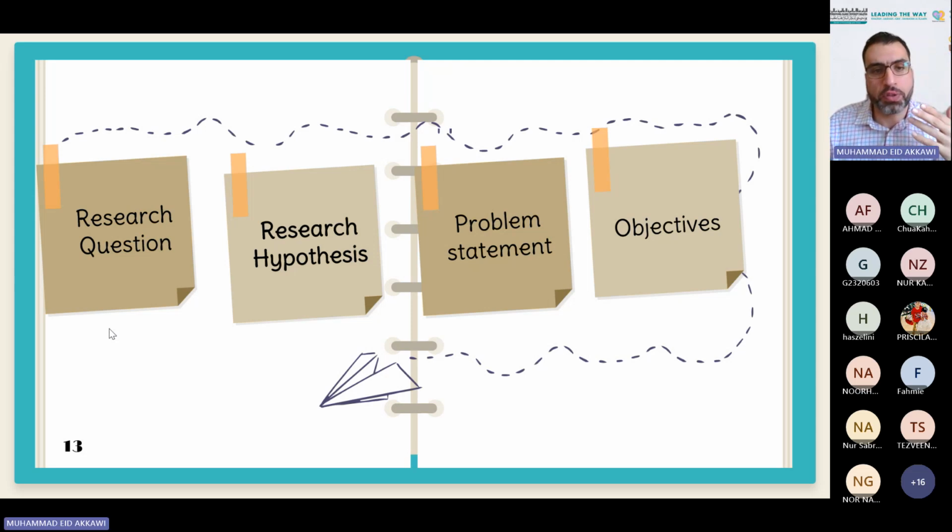Usually, in a research hypothesis, we have the null hypothesis and the alternative hypothesis. The null hypothesis usually assumes that there is no difference between these two populations. There is no issue, there is no problem, no effect on, for example, the waiting time or the patient's follow-up of their treatment.